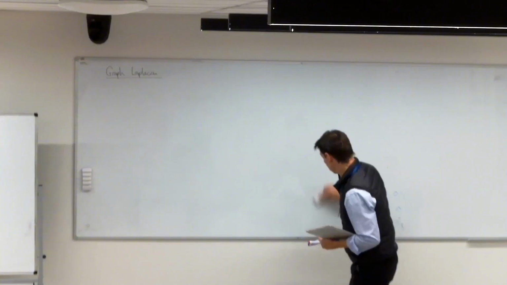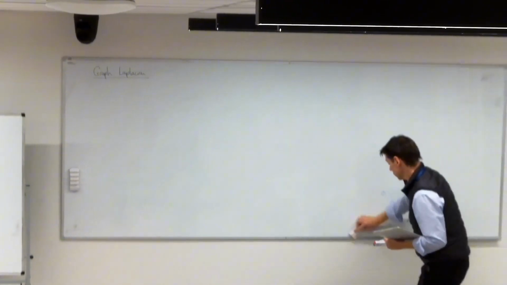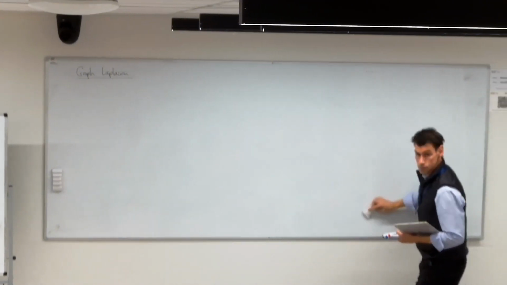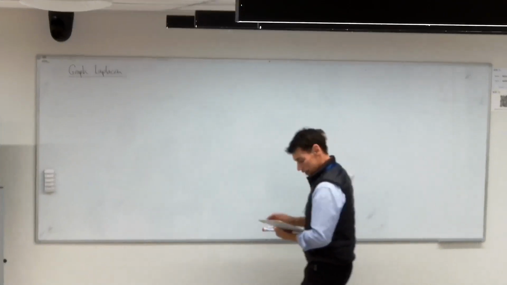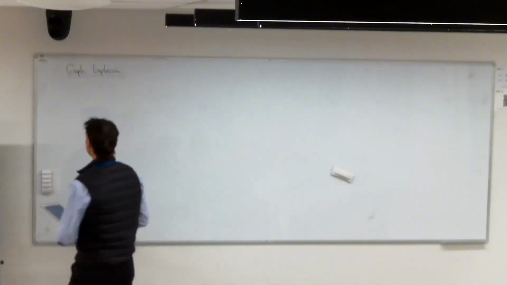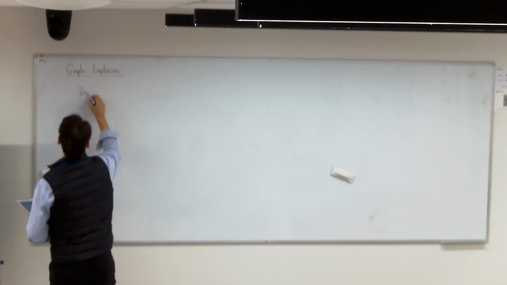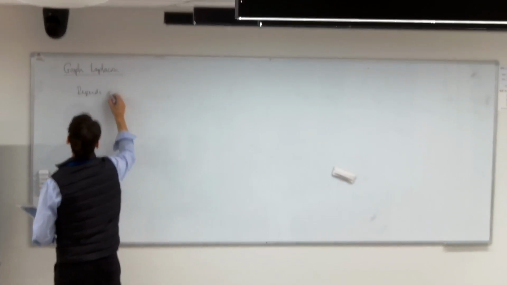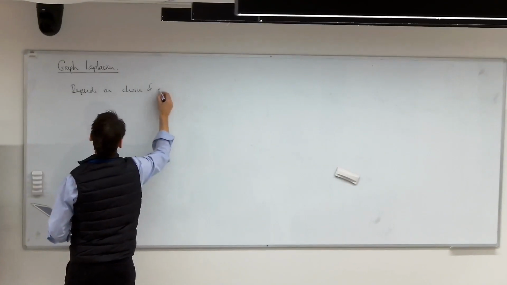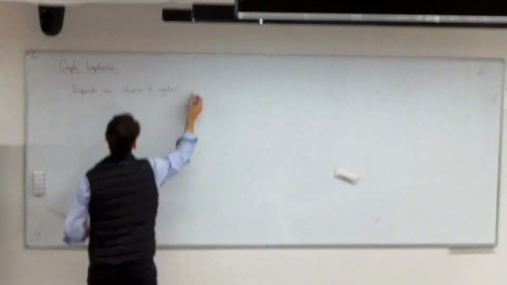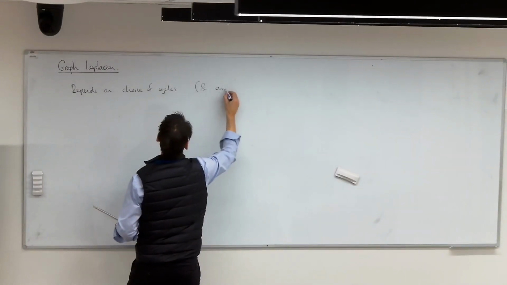So would alpha 2 change if we took the other cycle? Yeah, I was just about to say, of course this depends on choices. That was my next comment. It depends on the choice of cycles, the choice of basis of cycles, and the orientation.